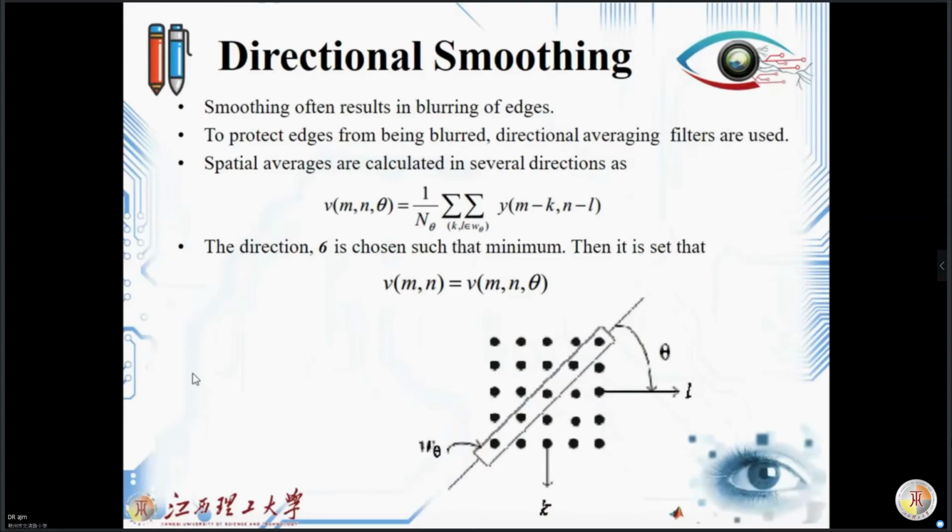Things like theta or degrees happen between the pixels or image parts, and suppose the sixth direction is chosen as the minimum, then they will set the image for us. Based on the formula, we can have some directional smoothing to avoid the blurring of the image.